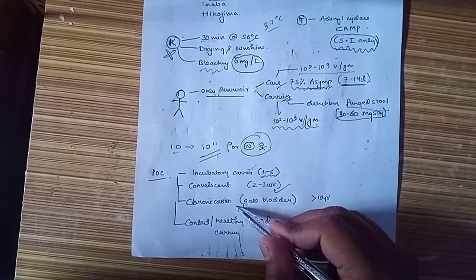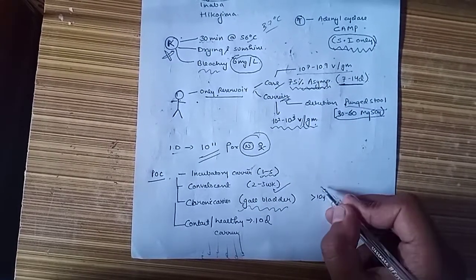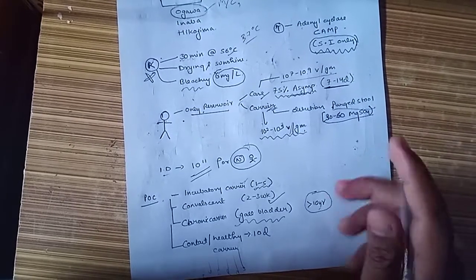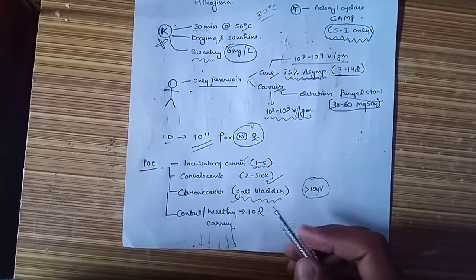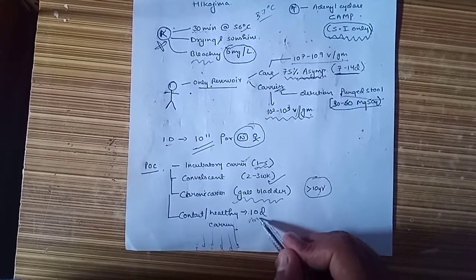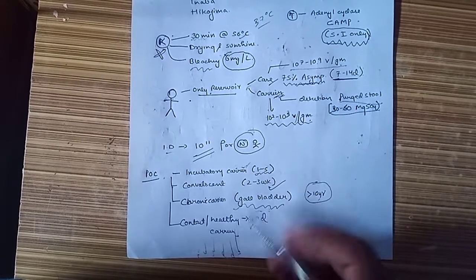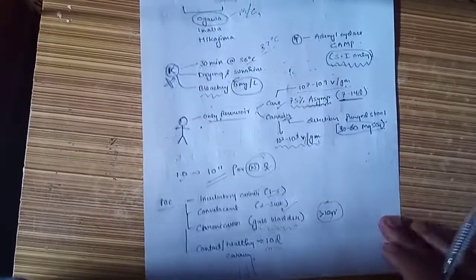Now chronic carriers are those whose gallbladder is infected and they may shed the organism. The longest case was more than 10 years. Now contact and healthy carriers are a result of subclinical infection of Vibrio cholerae, which secrete the organism for 10 days. For detecting these carriers, we use an enrichment media and then we detect these in the culture.